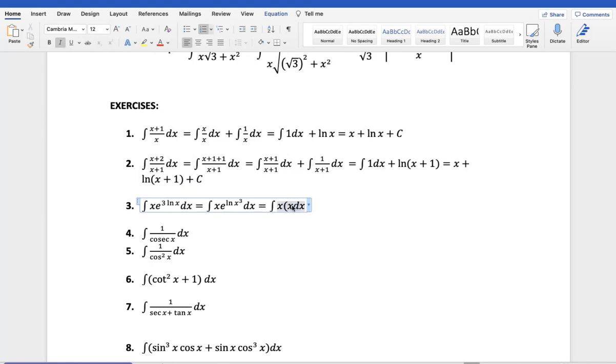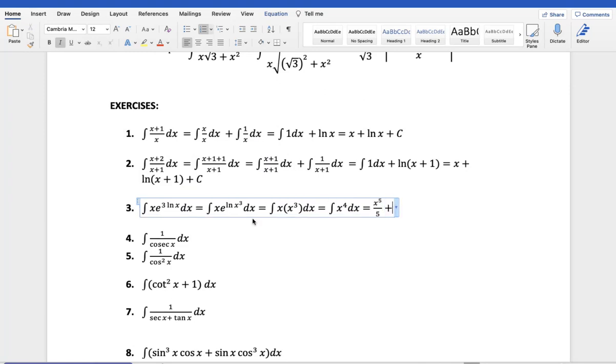So we have the integral of x multiplied by x cubed, which is just equal to the integral of x to the 4, which we can easily demonstrate is just equal to x to the 4 plus 1, which is 5, divided by 5, plus our constant of integration c.